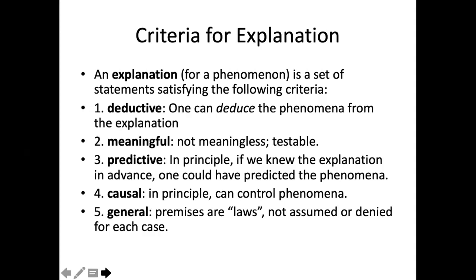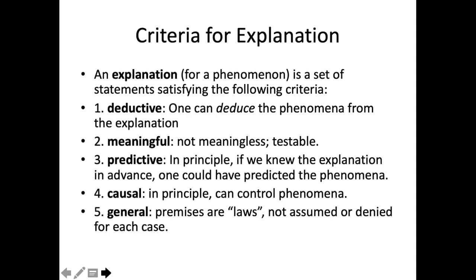verifiable implications. The third criterion is predictive. That means, in principle, if you had known the explanation in advance, you could have predicted the phenomena to be explained. The first 3 qualify as a predictive system. And if there's time, I may talk about some predictive systems that don't quite go to the next step.